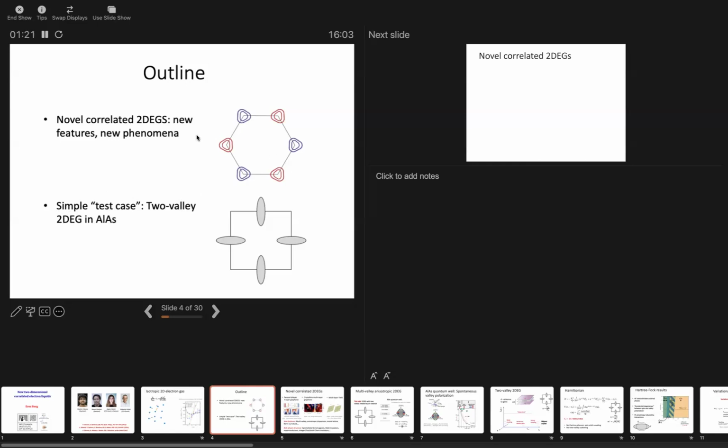In particular, a 2D electron gas which also has two valleys and two spins, which is realized in aluminum arsenide quantum wells, which shows some slightly richer physics than the 2D electron gas. I'd like to advertise that as a simple test case to start building our understanding and our intuition about what these systems do.